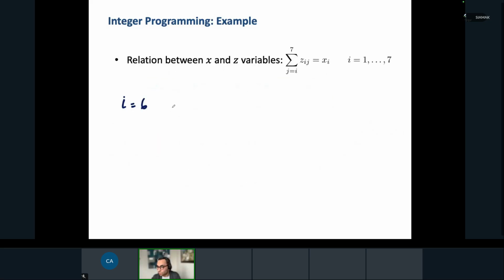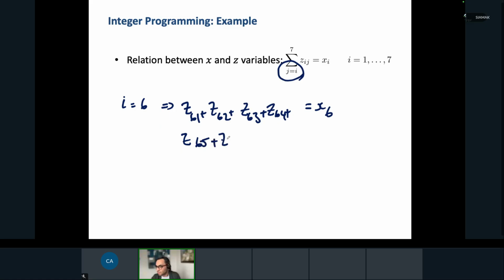So when I is equal to 6, on the right hand side we have x6, and on the left hand side the summation starts from J and goes to 7. What we can write on the left hand side is Z61 plus Z62 plus Z63 plus Z64 plus Z65 plus Z66 plus Z67.